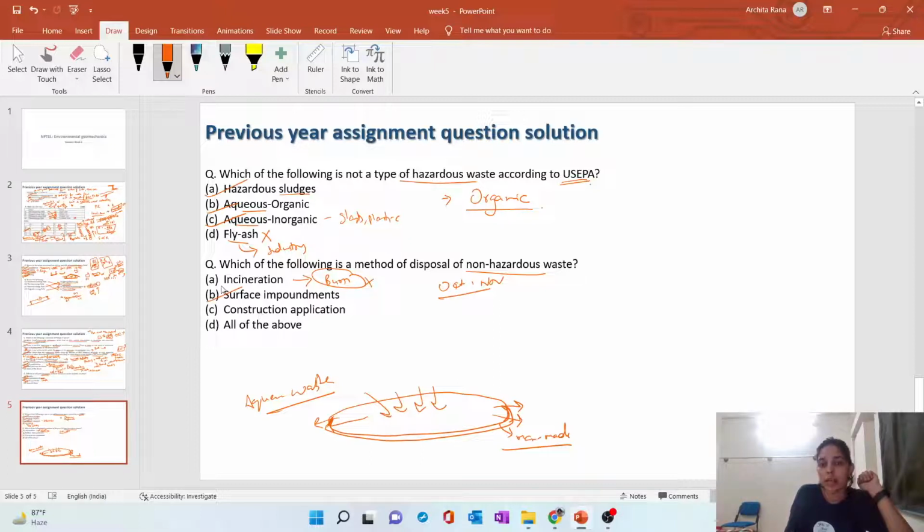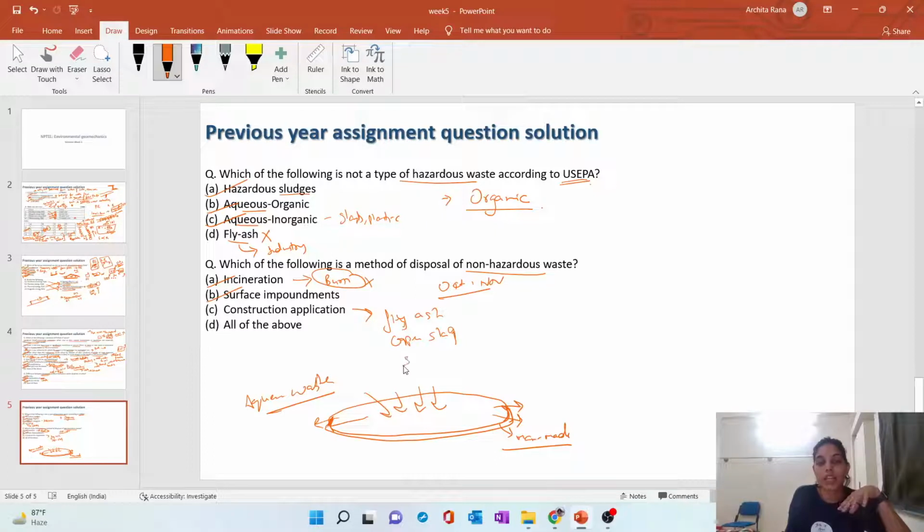Another is construction application. For example, fly ash can be used in construction industries. In the last class we studied copper slag, which is used in the cement industry.